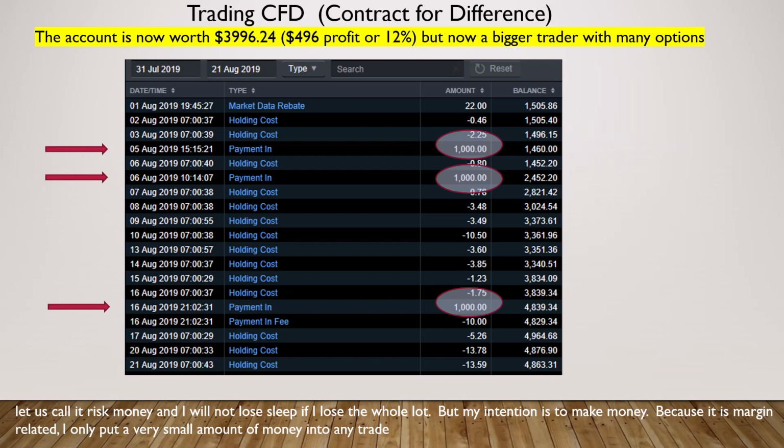And then Appen, which was trading around $32, was affected when we had the very big drop in our market, and we had some positions that ended up in a loss. However, we continue to hold those positions because we believe Appen in the long term is going to recover. But let's focus today on the foreign exchange trades.